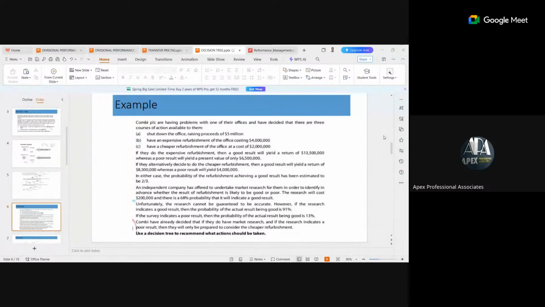When it is bad, it is 6.5 million. So you multiply this expected return with the associated probability to get the expected outcome. Let me present, I hope it will be clear.